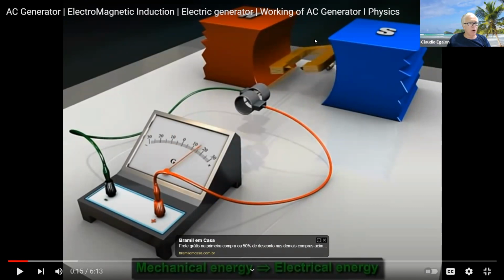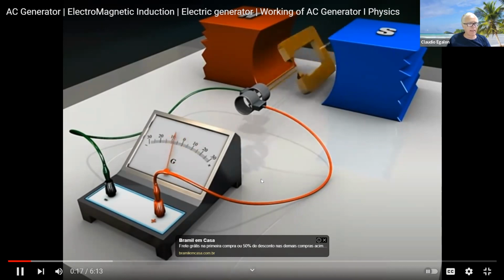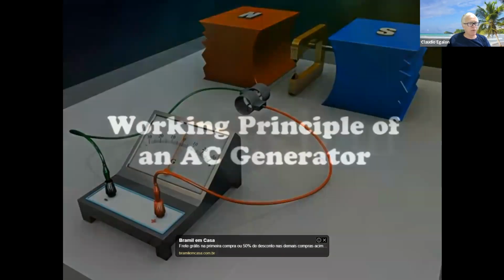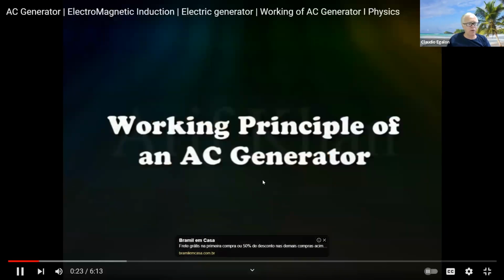Okay, we have our circuit here, wires, closed circuit. We have a magnet, north and south. You can induce a current in your circuit, and here is my ammeter, just by rotating this circuit inside a magnetic field. That's the principle of the generator there in your power station.